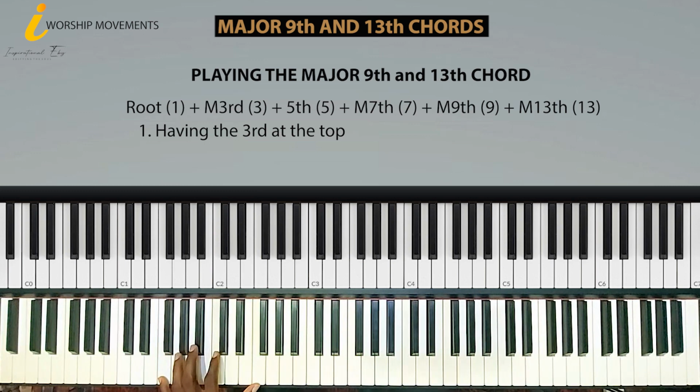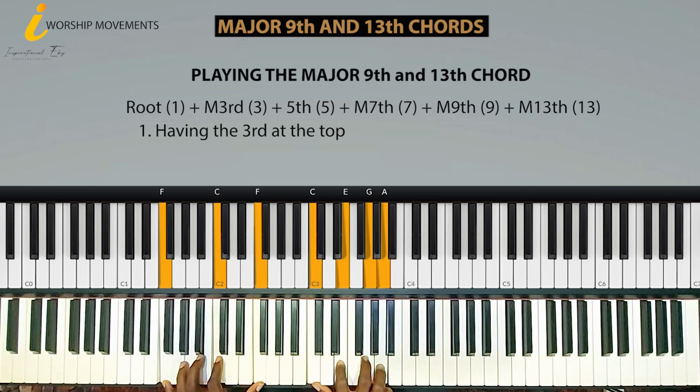So we combine it with the power chord, the F power chord. Are you seeing it? And then we'll add that third to the top. That is the F major 9, with the third at the top.